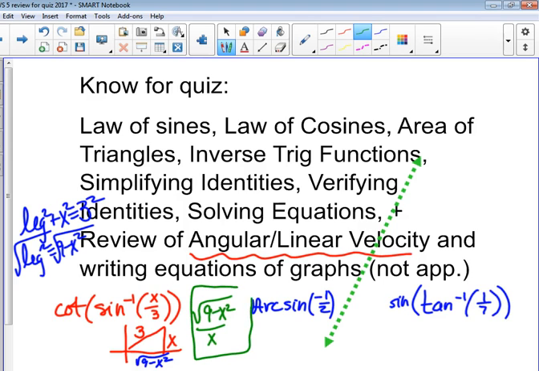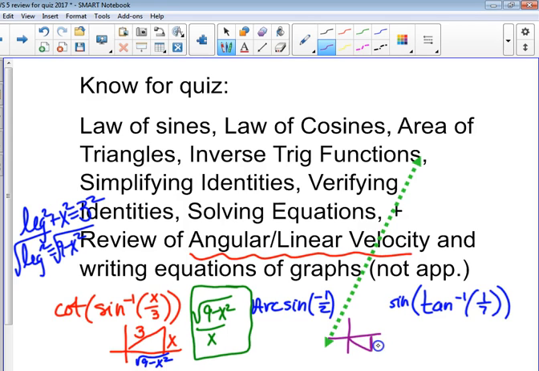So this answer would be square root of 9 minus x squared over x. And the directions for that problem will say, write an expression or something, okay? It's not going to say just solve. This is a straight up go to your colored unit circle, find where the sine is -1/2. Now, that happens down here in this fourth quadrant, or over here.